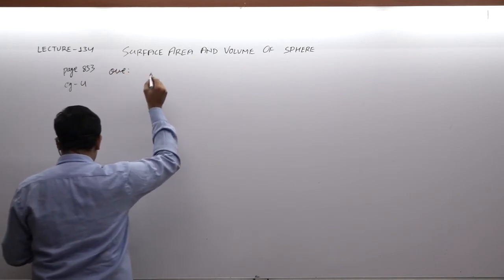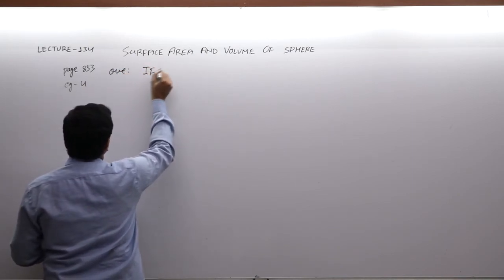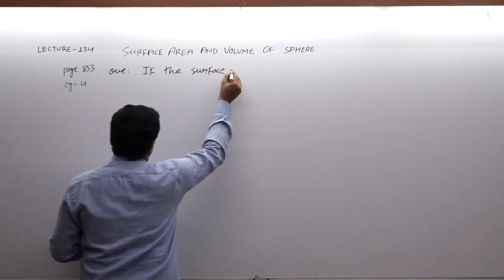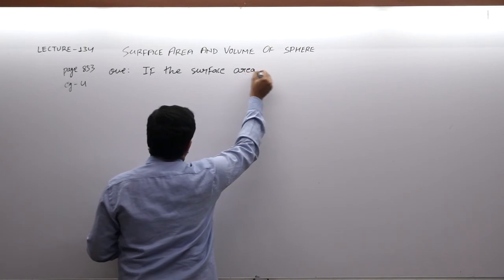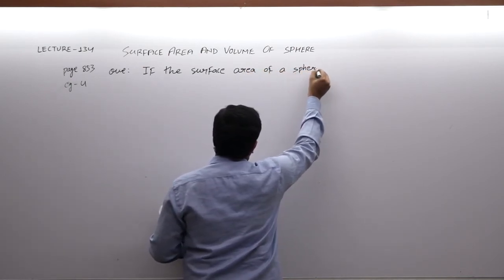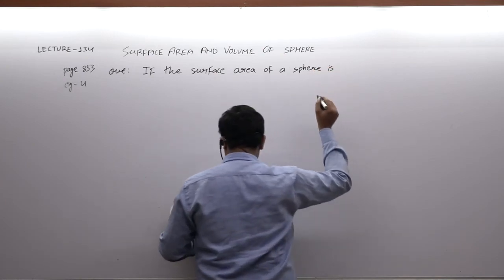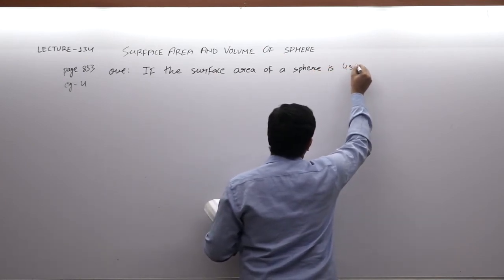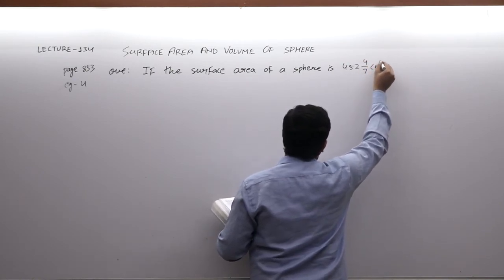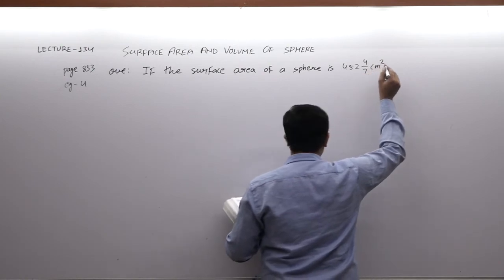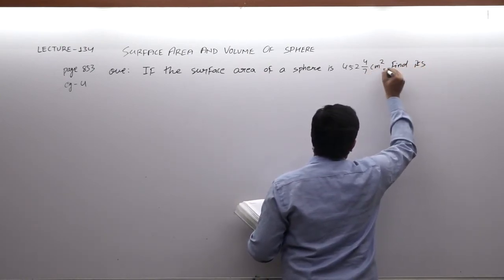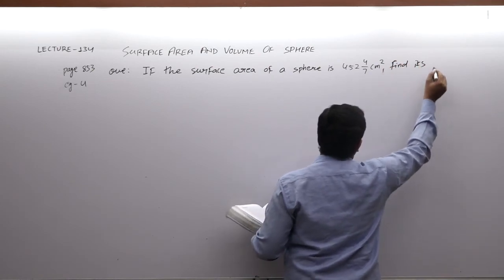Question is, if the surface area of a sphere is 452 integer 4 upon 7 centimeter square, find its volume.